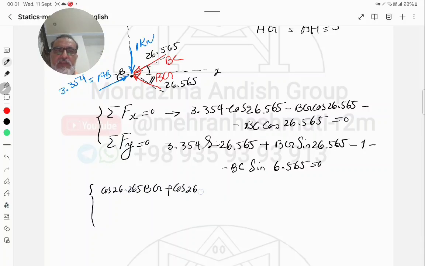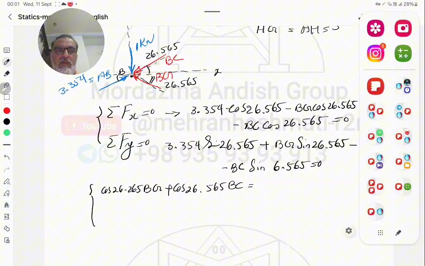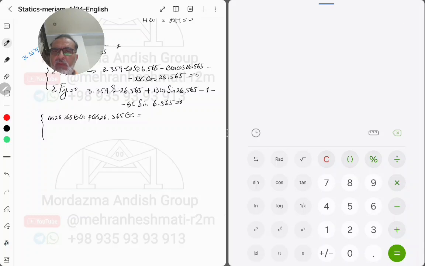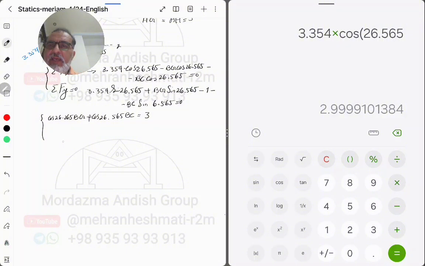Plus cosine of 26.565 BC, multiplied by cosine of 26.565 means 3, and sine of 26.565 BG minus sine of 26.565 BC.